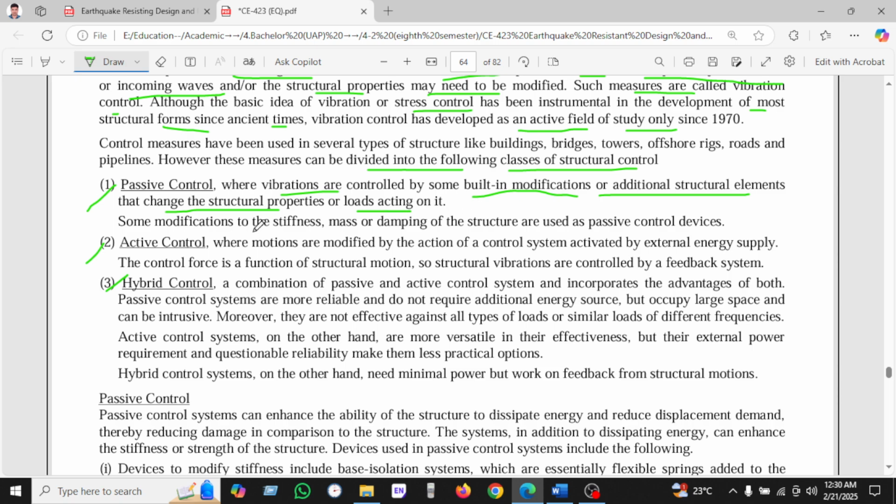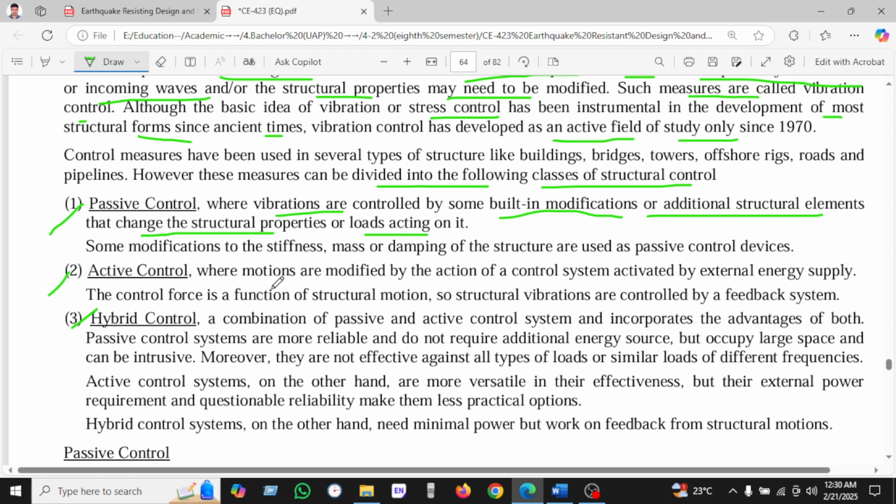Stiffness modifiers, mass dampers, or structural elements are used as passive controller devices. Then we can see the active control, where the motion is modified by action and control, activated by an external energy supply. The control force is a function of structural motion, so structural vibrations are controlled by a feedback system.